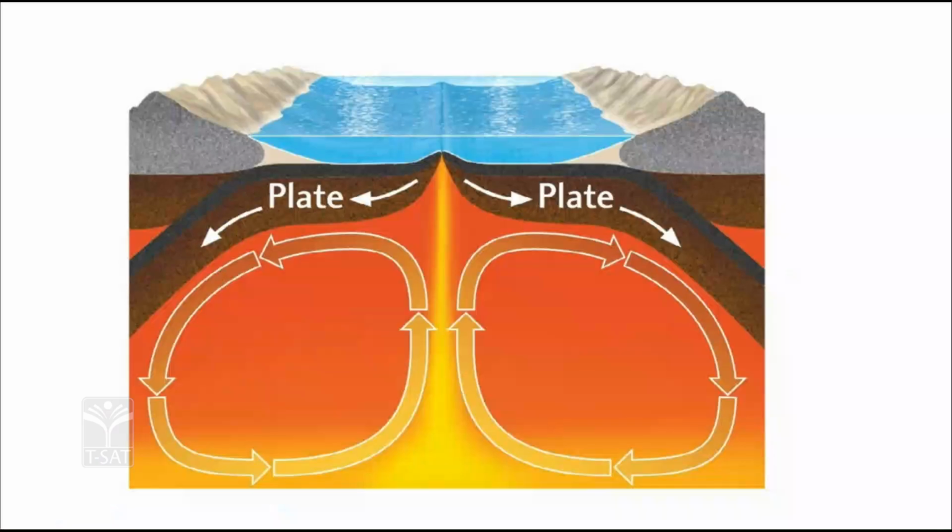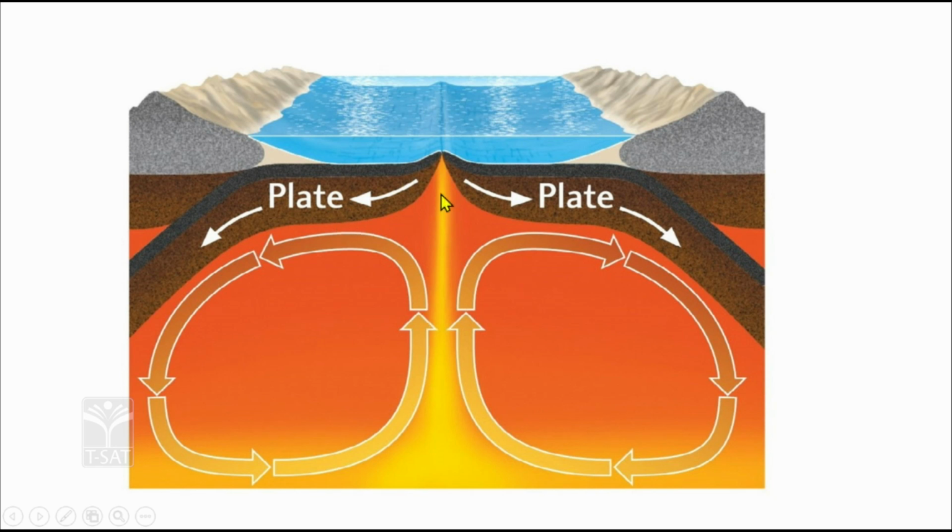This is a kind of plate boundary known as a divergent plate boundary. Because the plates slide on the semi-solid layer, the asthenosphere above the upper part of the mantle, plates diverge at a plate boundary.